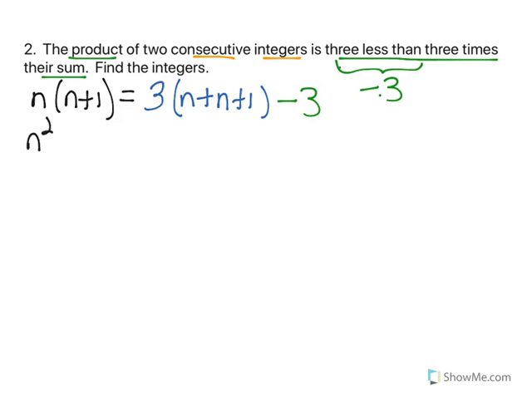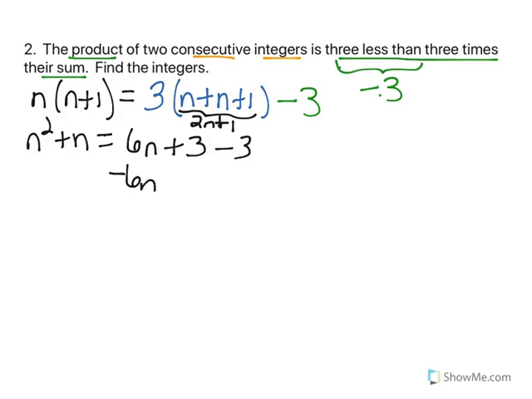So on the left side, we'll get n squared plus n equals, and this inside part is 2n plus 1. So if we distribute, we get 6n plus 3 minus 3. And on the right side, the 3's, when you combine them, will give you 0. So I'm going to subtract 6n from both sides.